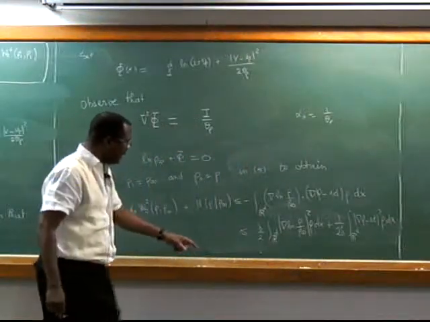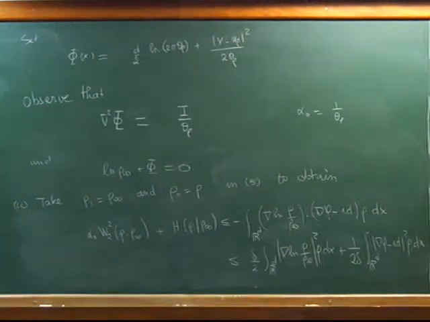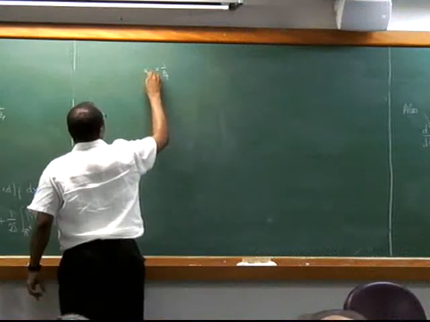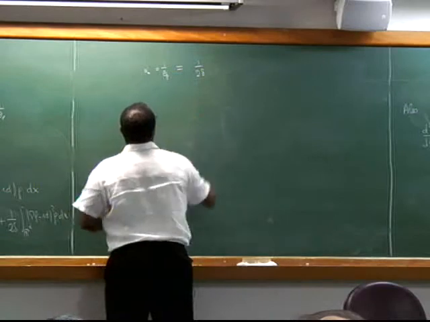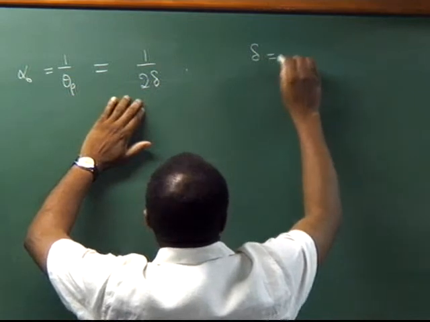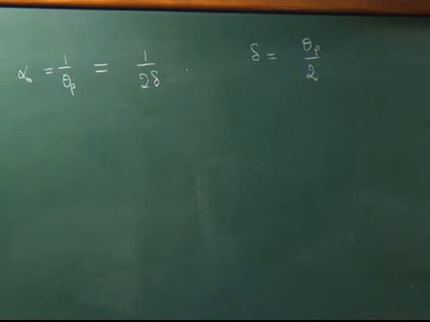Now I'm going to choose my delta such that 1/(2 delta) is alpha naught. So my alpha naught is 1/theta rho. I want to choose delta such that 1/(2 delta) is that, which means that delta is theta rho over 2. When I substitute that here, this term is a Wasserstein distance.